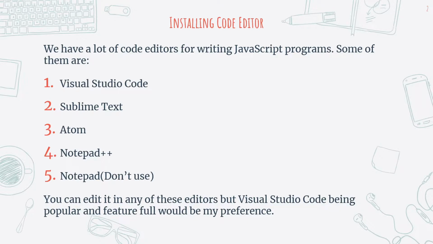These are some of the things that I mentioned, but there are a lot of features of these code editors. And in this whole series, I'm going to tell you some tips and tricks for utilizing these things properly, so that you can increase your productivity. Okay, so let's see how to install Visual Studio Code editor.